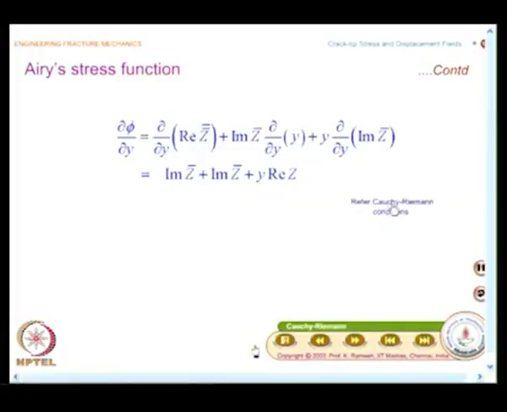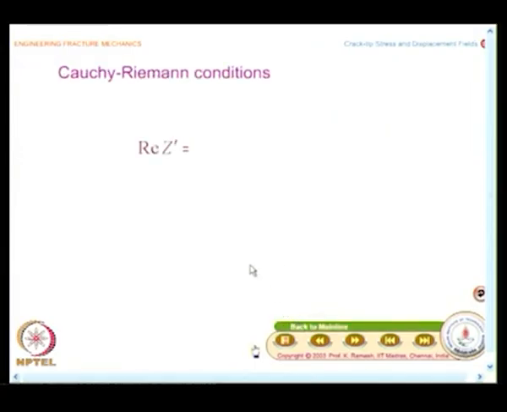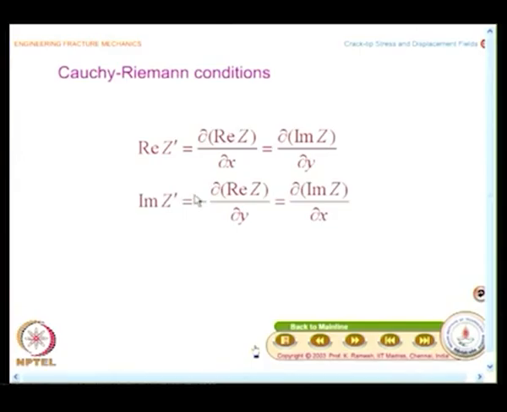You have to really look at the Cauchy-Riemann conditions. I have written the first term as dou by dou y of real part of z double bar, and if I really look at that, there is a minus sign sitting here. So I cannot forget that.